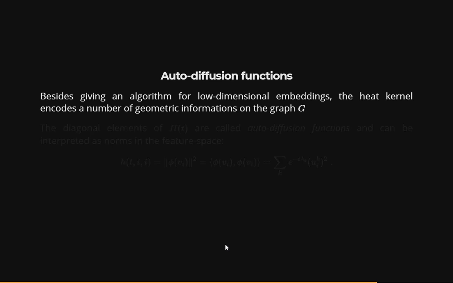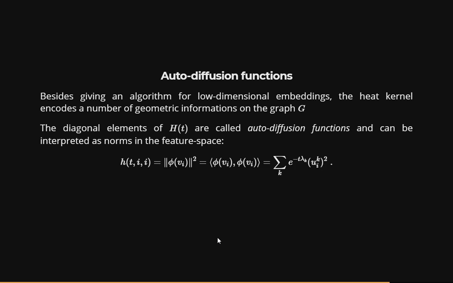heat kernel construction. The diagonal elements of the heat kernel matrix are called auto-diffusion functions and are norms in the feature space. So they are phi of v_i dot phi of v_i, which has this expression in coordinates.